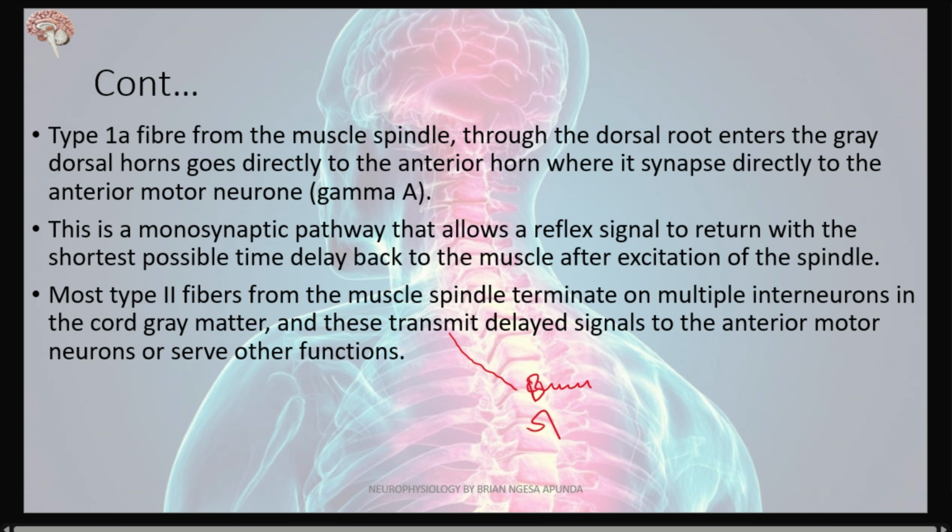So remember the spinocerebellar tracts that were also very important in transmitting some of the proprioception sensation.